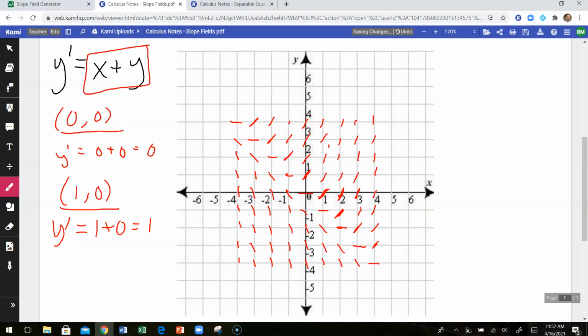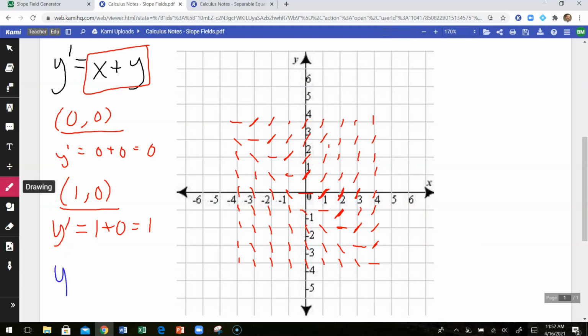Now again, I could expand this out. I could make this more of a tedious process. All I did was go 4 units in each direction, but I could go infinite units in each direction. I could make this slope field be as large as I want it to be. But I want to just kind of see what's going on around the origin and what direction that tells me to make my graphs.